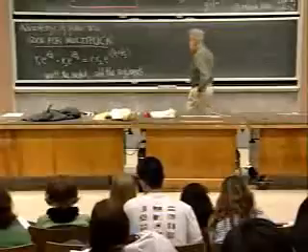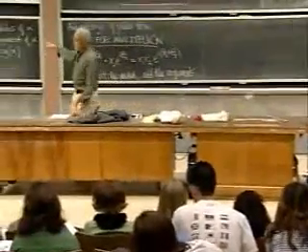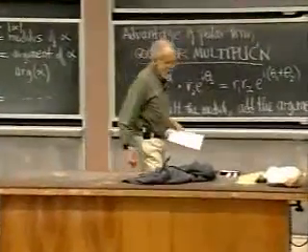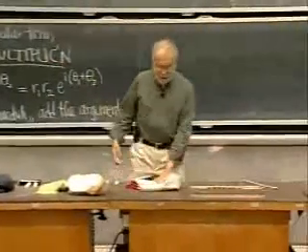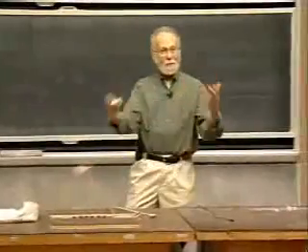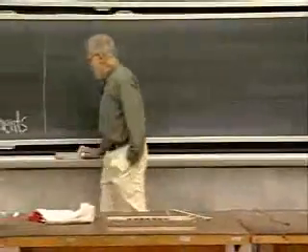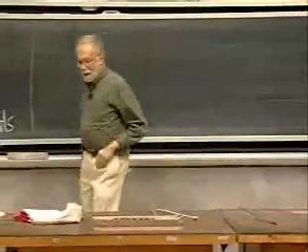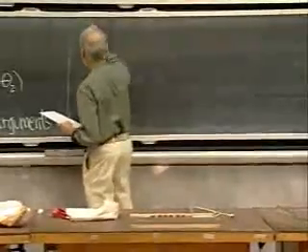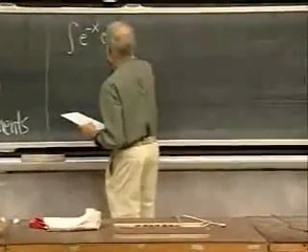Now, I'd like to use it for something, but before we do that, let me just indicate how the exponential notation enables you to do things in calculus, formulas that are impossible to remember from calculus. It makes them very easy to derive. A typical example is, suppose you want to integrate e to the negative x cosine x.